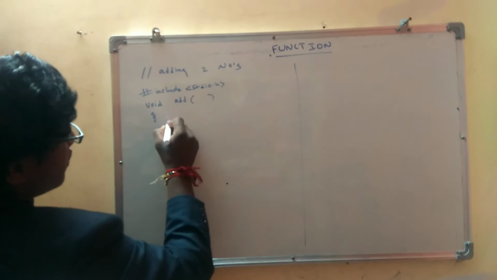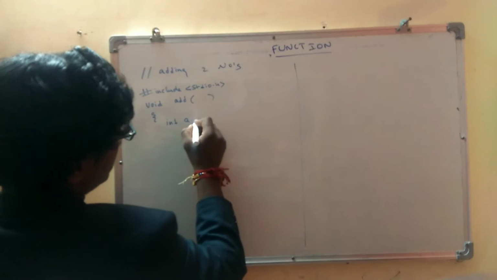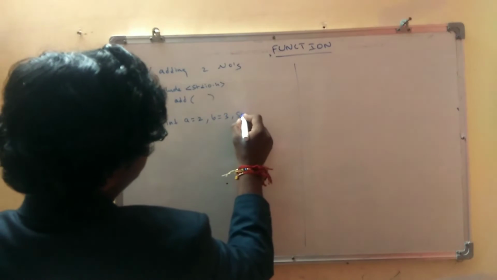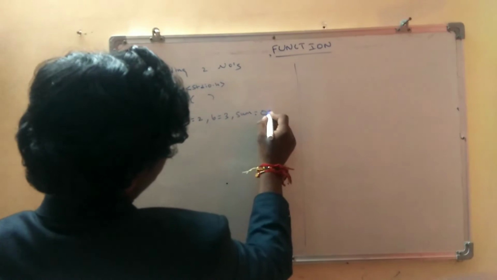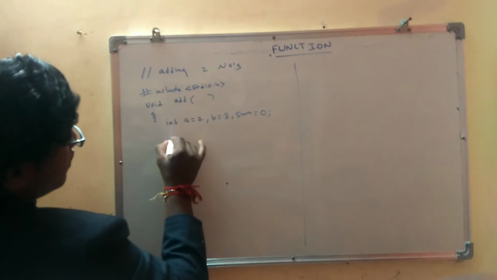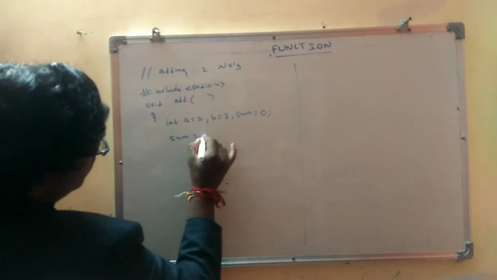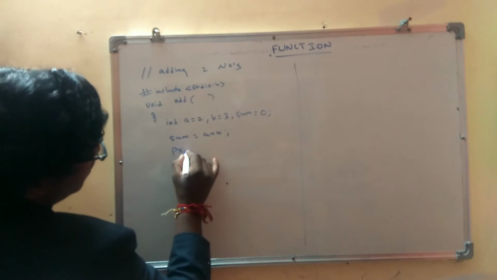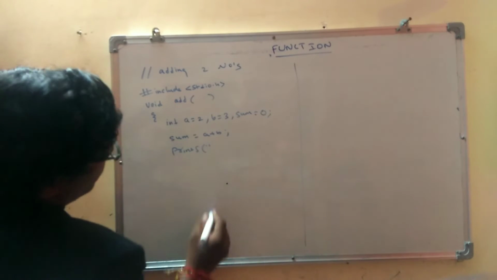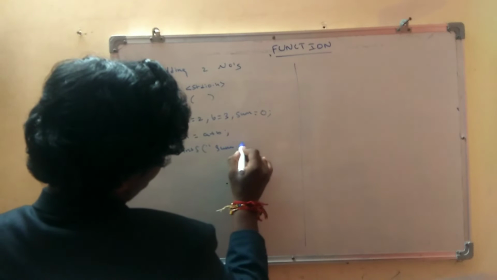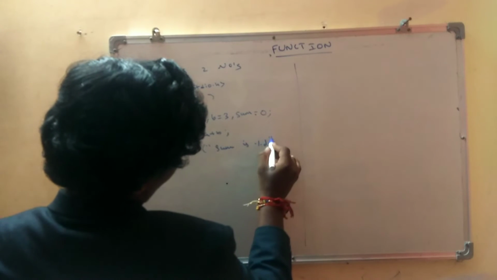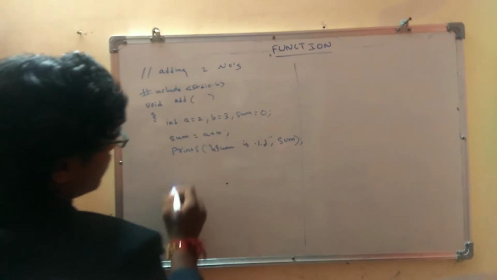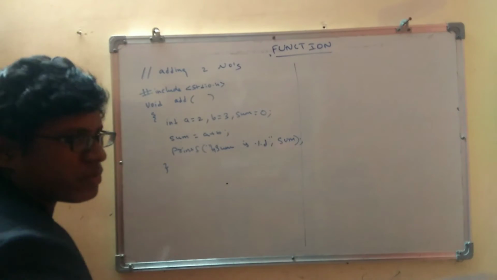Here I am declaring variables and assigning values to them: a equal to 2, b equal to 3 and sum equal to 0 by default. Here I am assigning sum equal to a plus b, and printf of sum is percentile d, sum, and I am closing the braces.